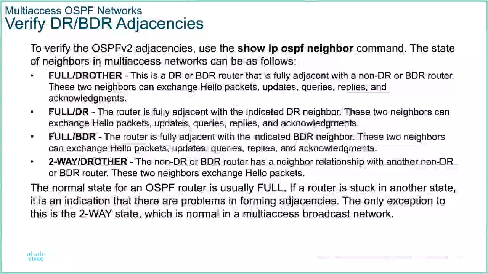Okay, you need to understand the relationships between the neighbors and where they go to in communication states under normal operating procedures so that you can troubleshoot. So it's kind of important.